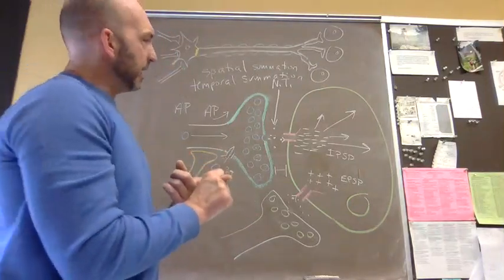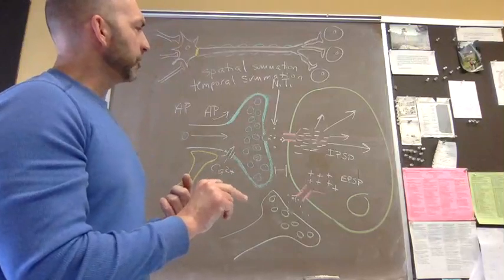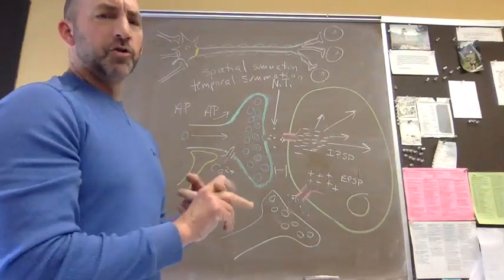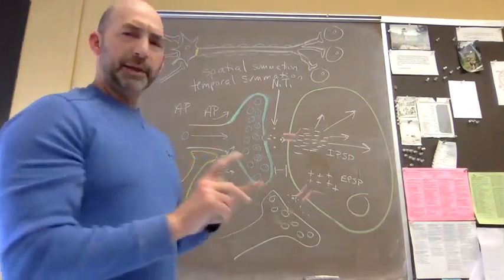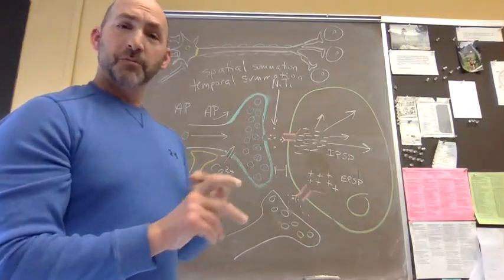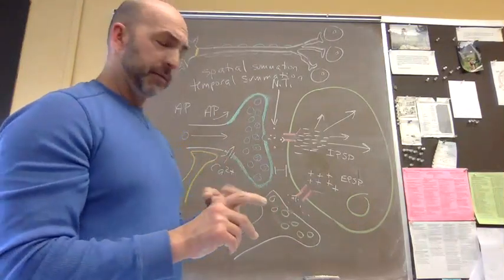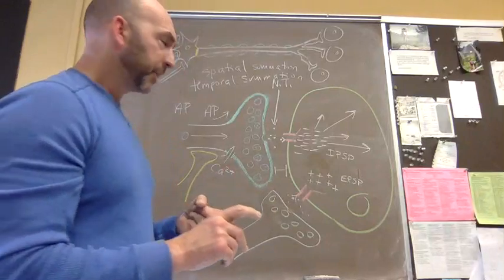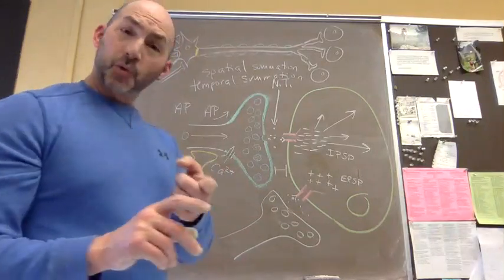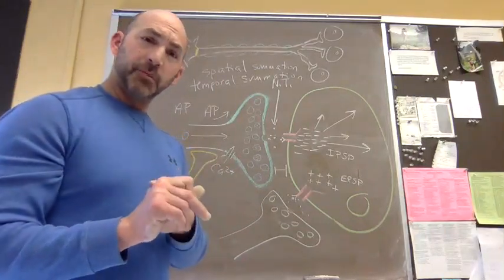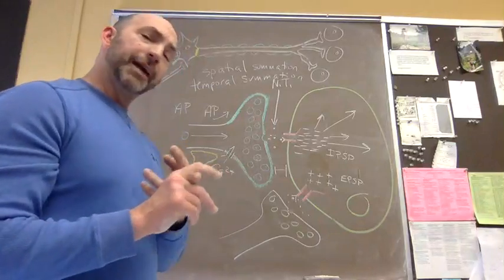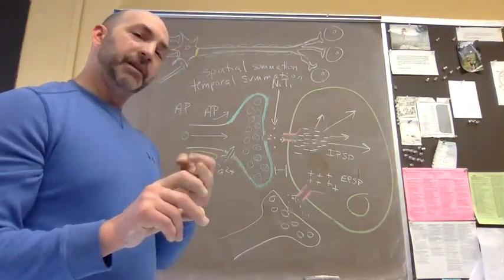Last thing I'll say is a little bit about what are called neuromodulators. Neuromodulators are often released by neurons, but they can be released by other cell types as well. Remember the glial cells, they can release neuromodulators. Endorphins are a form of neuromodulator. There are also exogenous neuromodulators like caffeine.